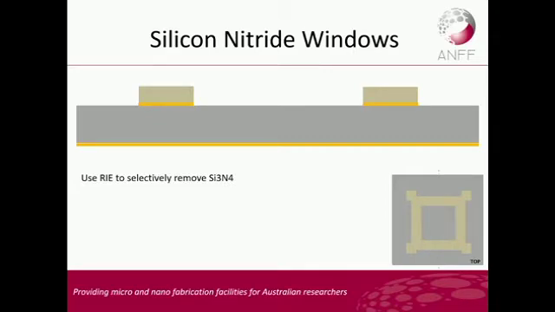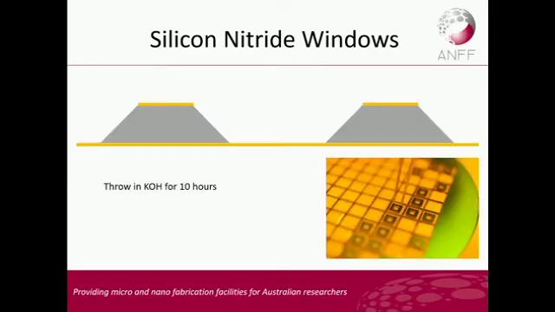And it'll stop completely on the silicon nitride, leaving a window like that. So this is a very simple process, but it allows us to make some fairly useful devices. And in MEMS in industry, they use KOH etching quite a lot because it's very controllable. And we'll talk about KOH etching later on after lunch.